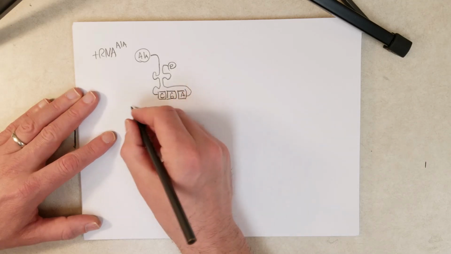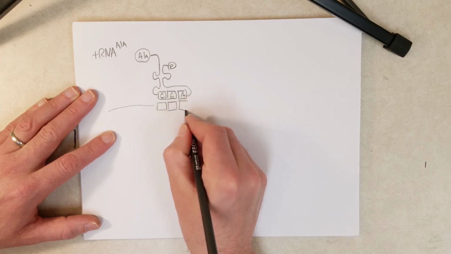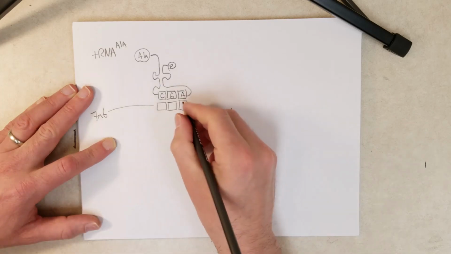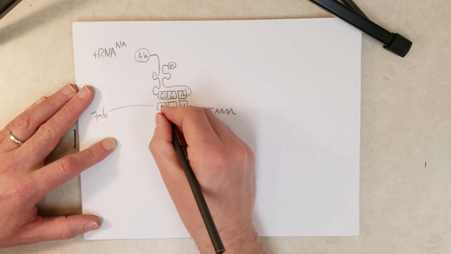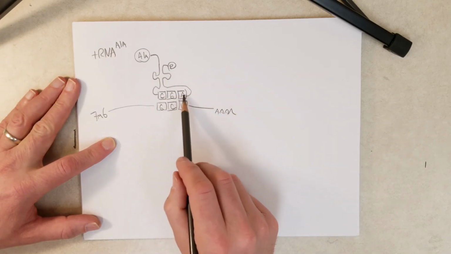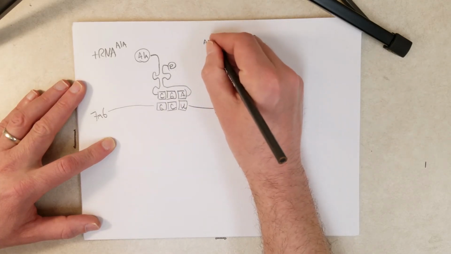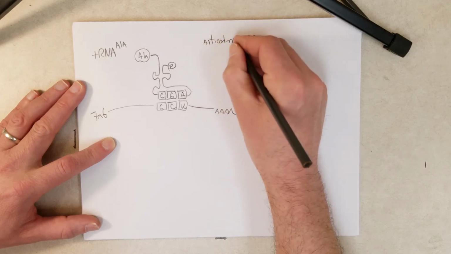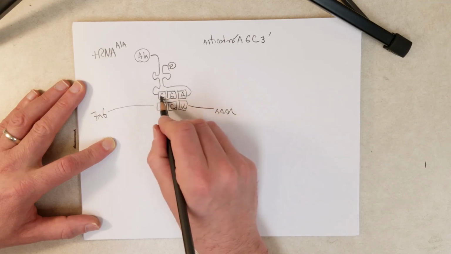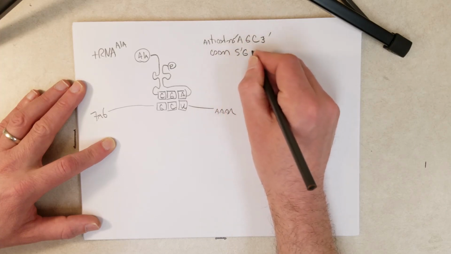Let me draw the messenger RNA first, with the 5' cap and poly A tail. Without making any changes, the anticodon, 5' AGC 3', will recognize the codon 5' GCU 3'.